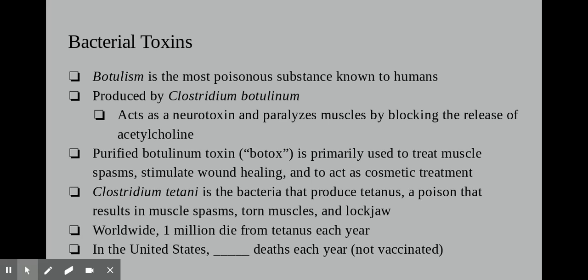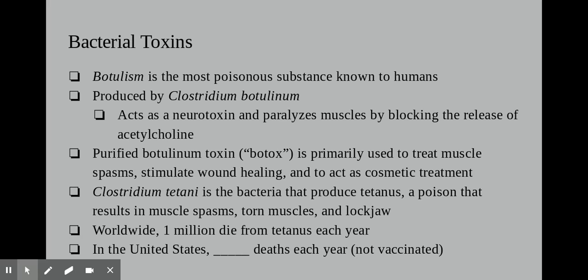Usually you hear about it being used for cosmetic treatment. I don't really know what it's used for. Something about getting rid of wrinkles, I think. But this is a purified form of it. So it's not the actual botulism toxin that's being injected, thank goodness. It's a purified part.